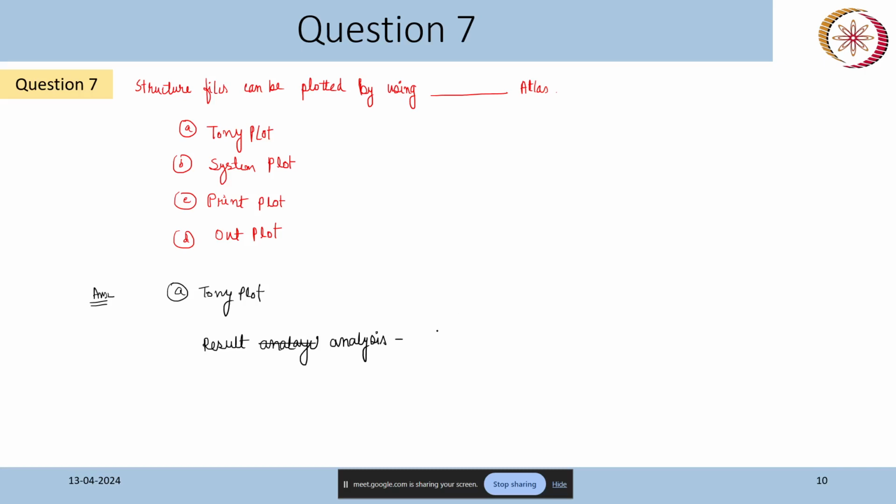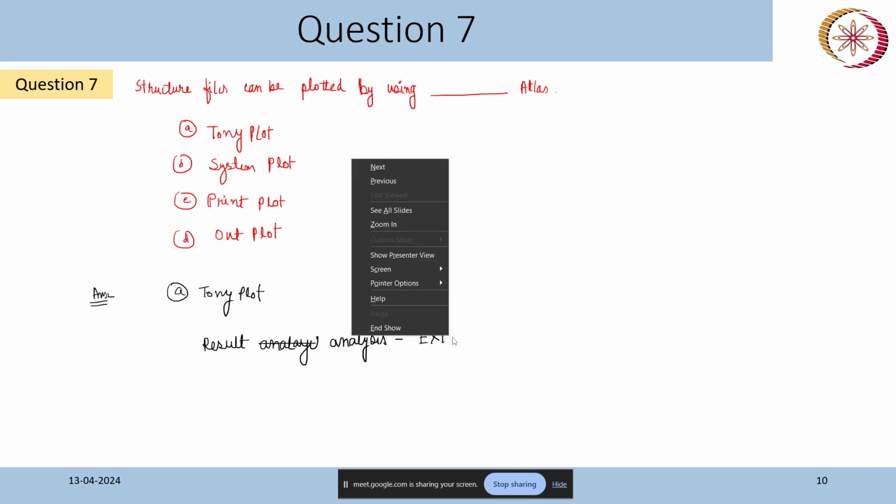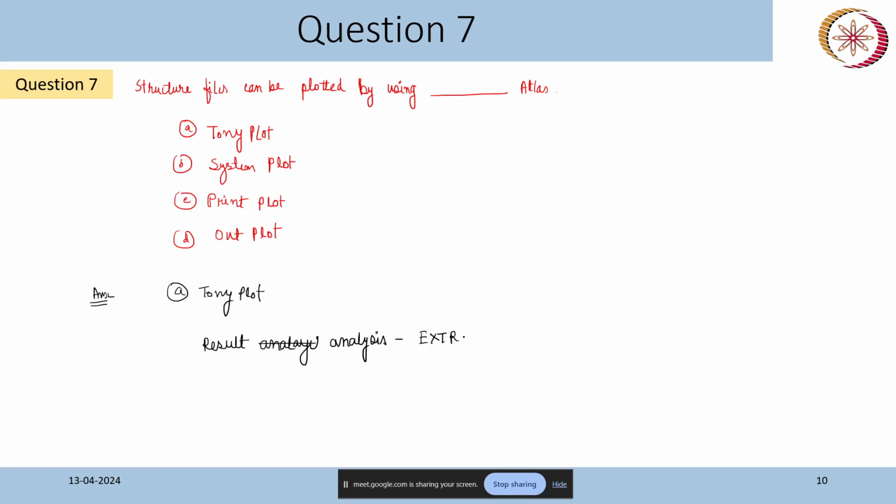What are the statements in this command group? First one is extract. And another one is tonyplot. Okay, these two.